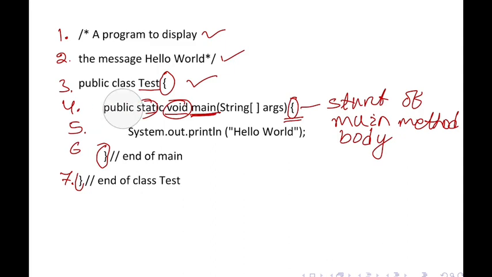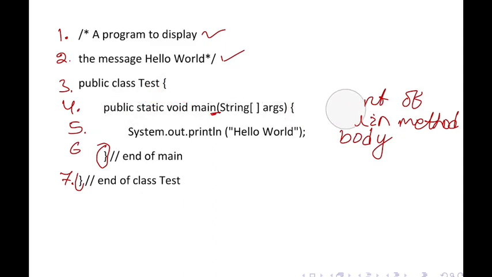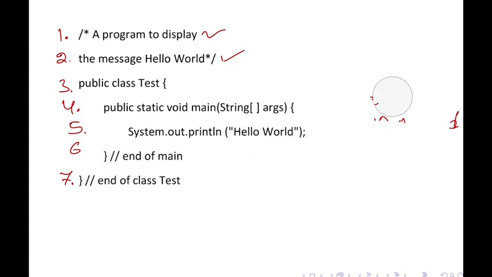So we have discussed the details about line number 4. So it represents the start of main method, and why we are using public, static, void, that we will discuss later. Okay, now come to line number 5.